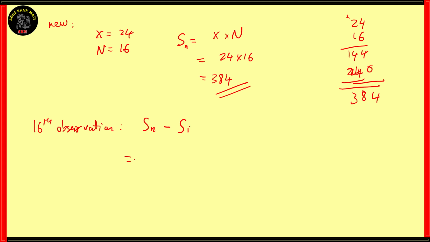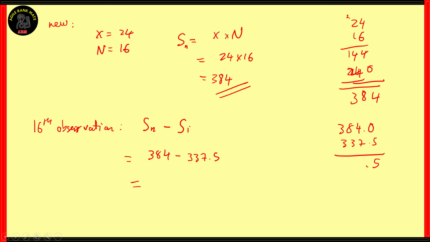That means you subtract the original sum of observations from the new sum of observations, which means you subtract 337.5 from 384. So 384.0 minus 337.5. 10 minus 5 is obviously 5.